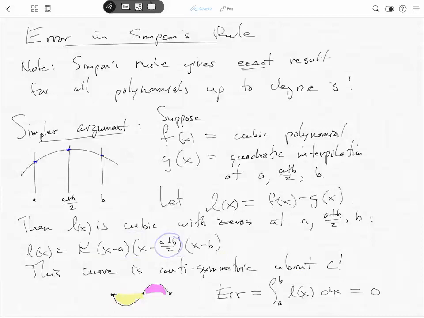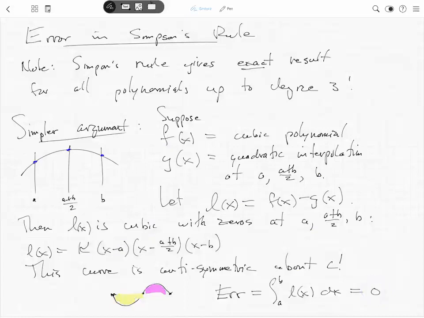In other words, whatever values it takes to the left of a plus b over 2, it'll take the same values but with the opposite sign on the right side. That means that when you integrate L from a to b, the integral on the left side will cancel the integral on the right side, and the integral will turn out to be exactly 0.